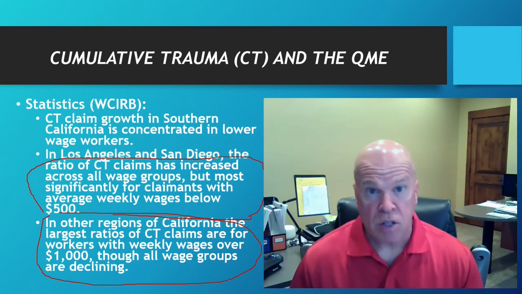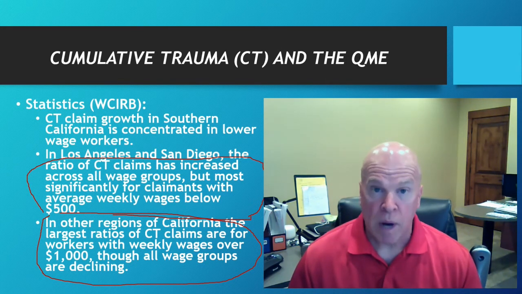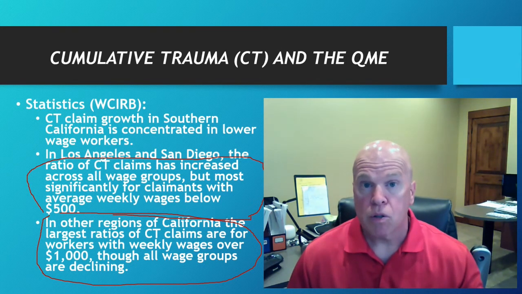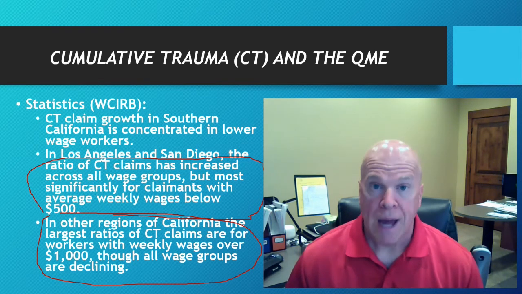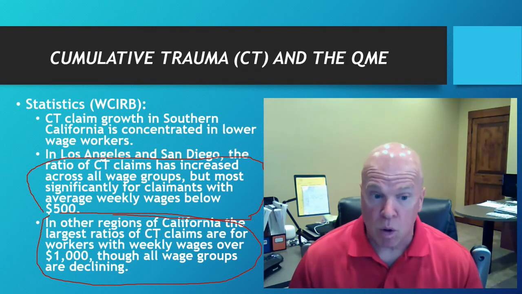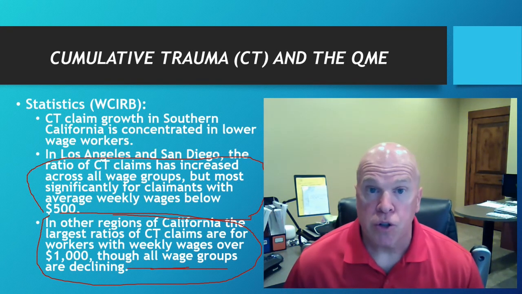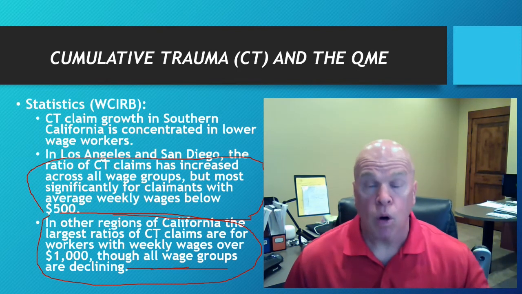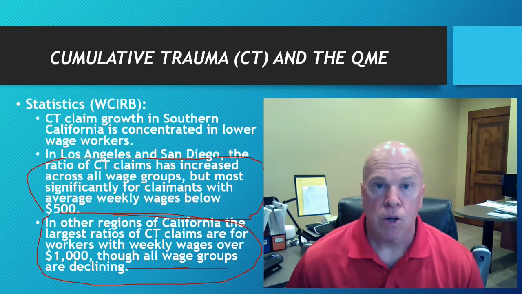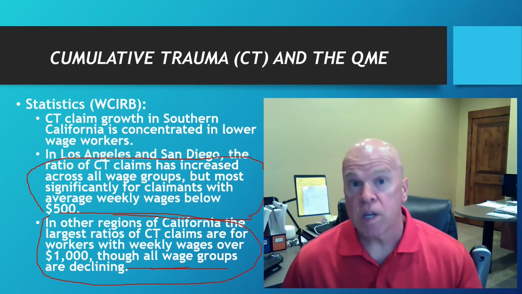Now, in other regions of California, such as in Northern California, the largest ratios of CT claims are not in the lower wage workers, but in the higher wage workers, those with weekly wages of over $1,000. So this is $4,000 per month or greater income earners filing cumulative trauma injury claims in other regions of California.